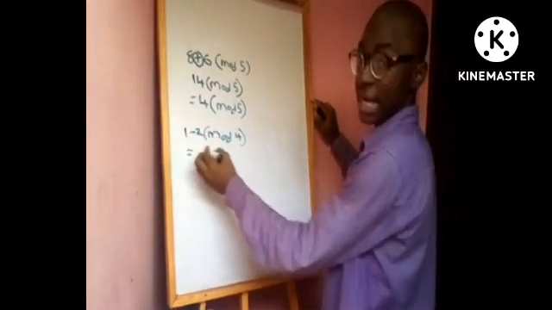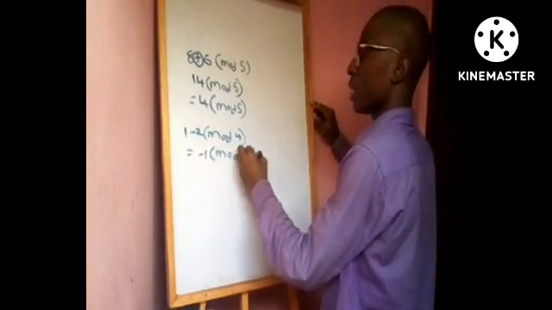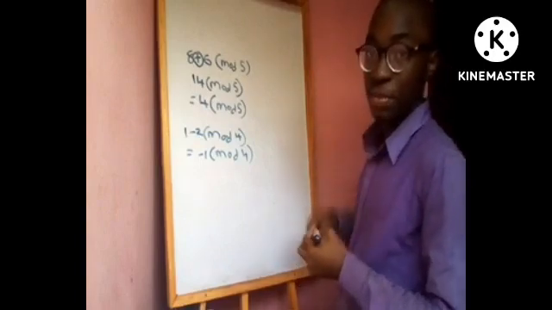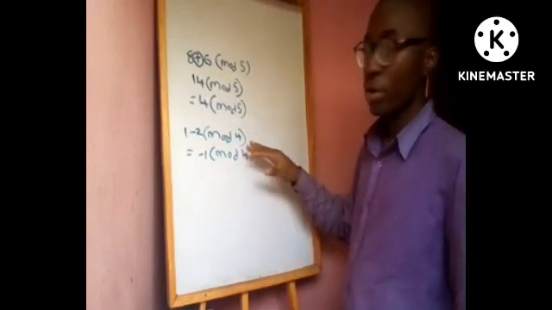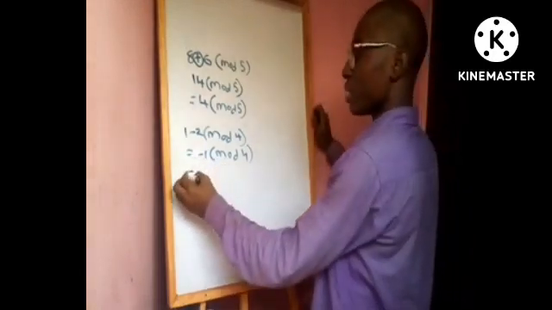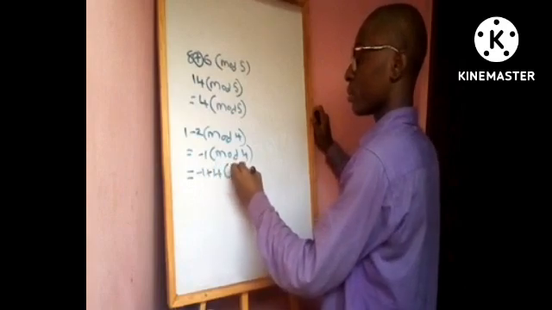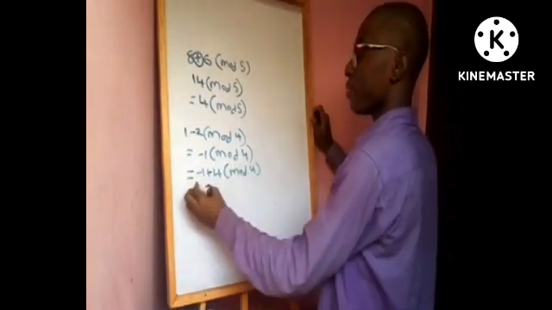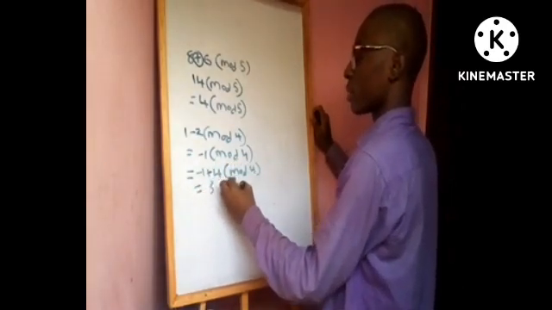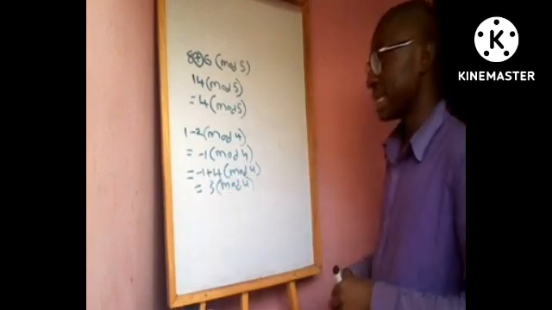Now 1 minus 2 gives a negative number, that's minus 1 mod 4. This time around, we are going to be adding 4. The reason being that when we add the modulo, which is 4, it won't alter our answer. It will give us an equivalent answer. That means this minus 1 mod 4 is still the same thing as minus 1 plus 4 mod 4. Then finally we have 3 mod 4. So that means 1 minus 2 mod 4 is 3 mod 4.